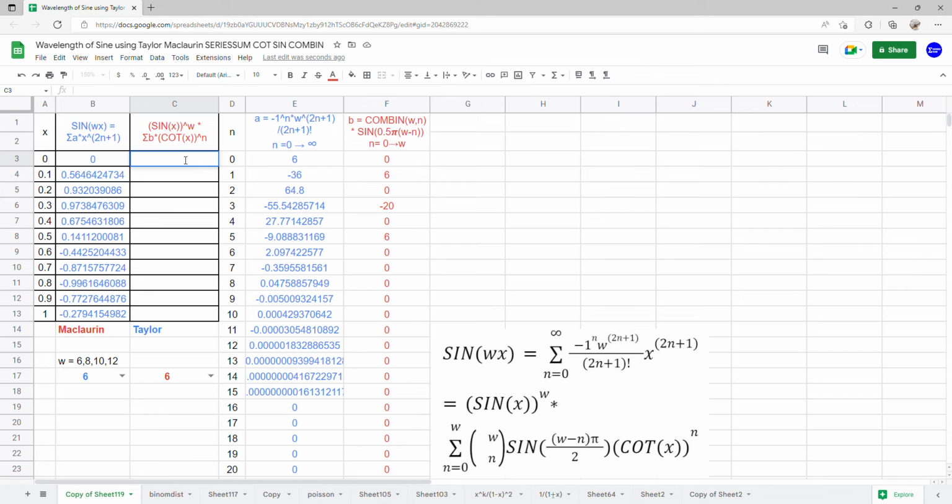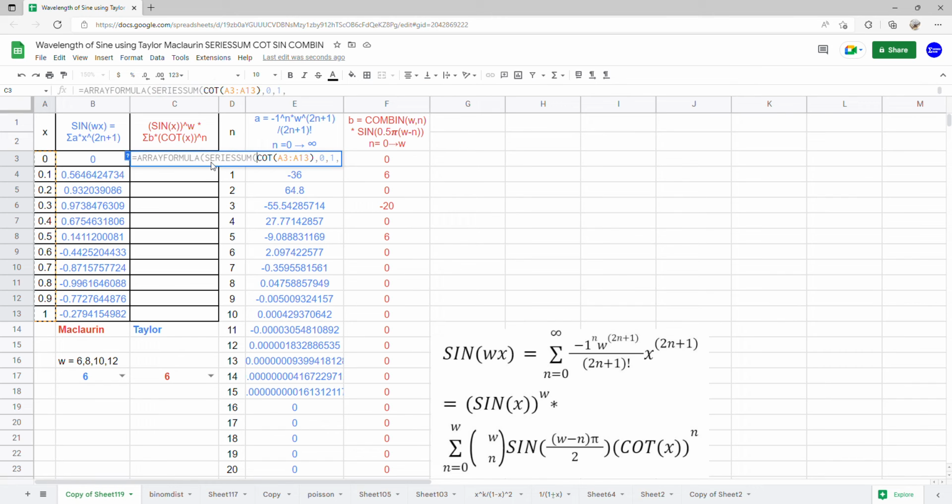We can complete the Taylor series, which is the summation of b times cotangent of x raised to the power n. So this is array formula, cotangent of x raised to the power n, where n starts from 0 incremented by 1. So this will be series sum.